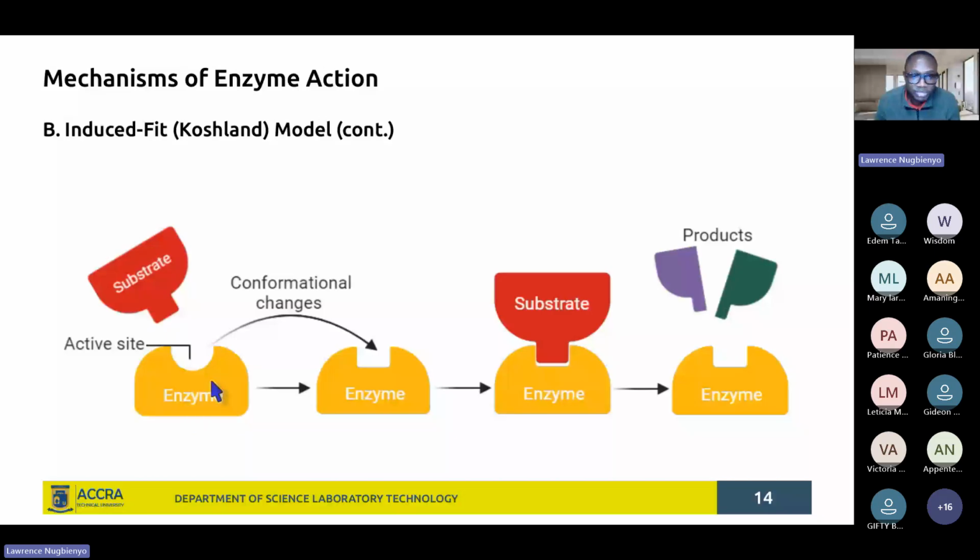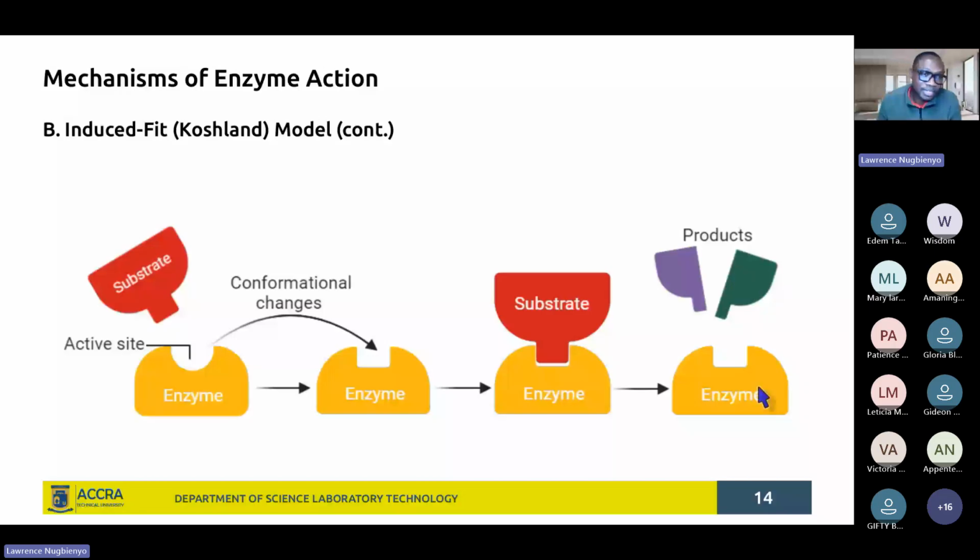So there are some changes that occur in the conformation or the configuration, or say the structure of the enzyme, so that now the active site of the enzyme is changed to fit the substrate, so that now you have an enzyme substrate complex that then will result, so that's a transition state, the enzyme substrate complex, that will result into formation of products that then get dissociated from the enzyme.